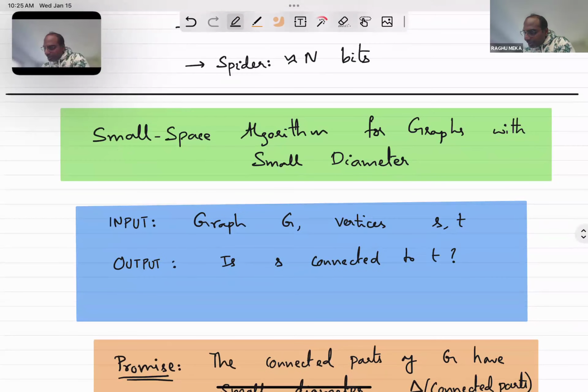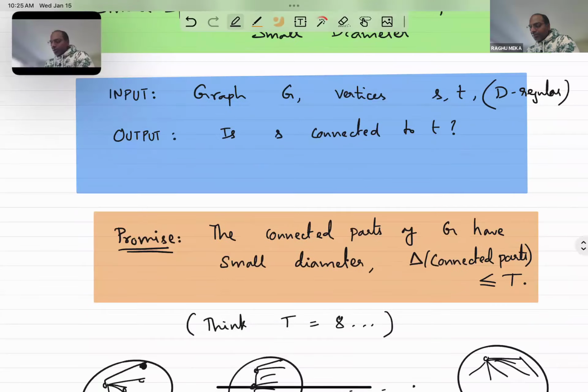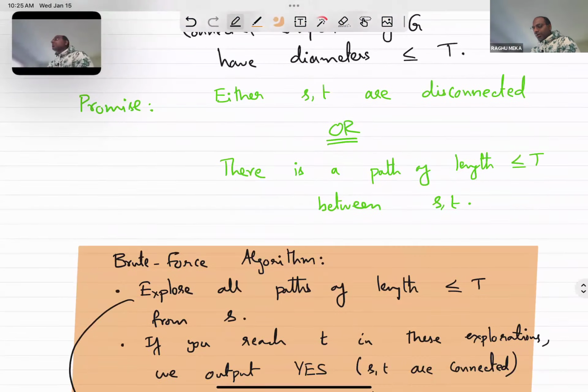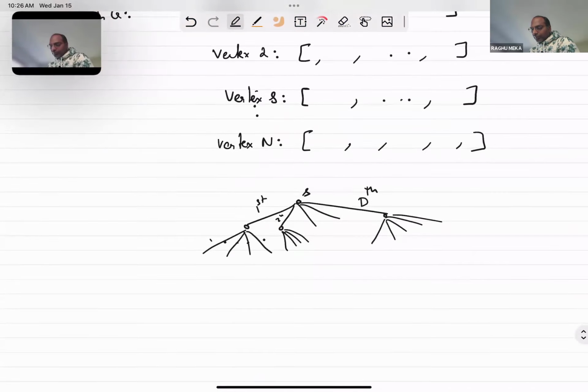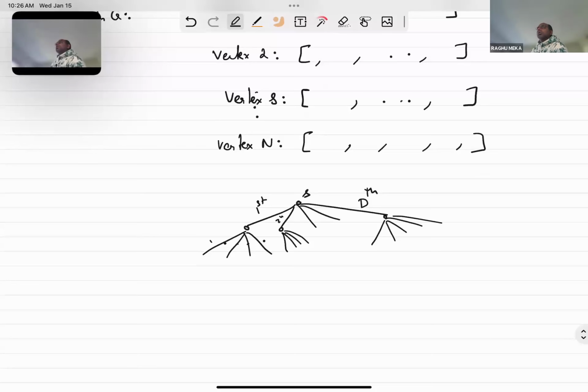Just to be simpler, let's assume the graph is d-regular. There is a version of the algorithm in general, but let's just assume the graph is d-regular.